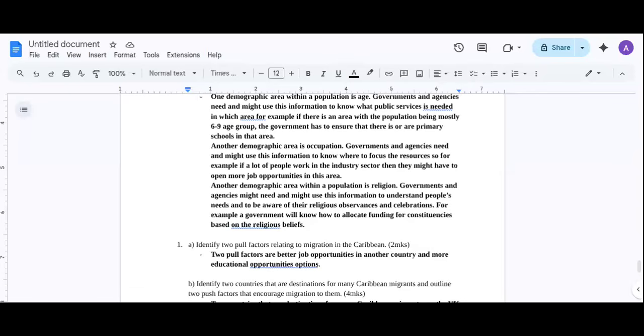Lack of resources within the country. Very good. I'm seeing Francis would have said limited education. Tanishka. Lack of proper healthcare and health services. Very good. So those are push factors.